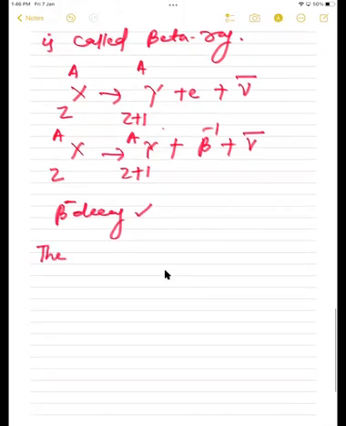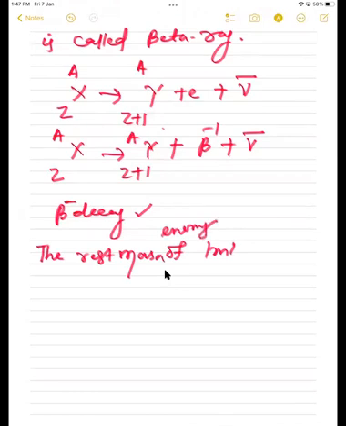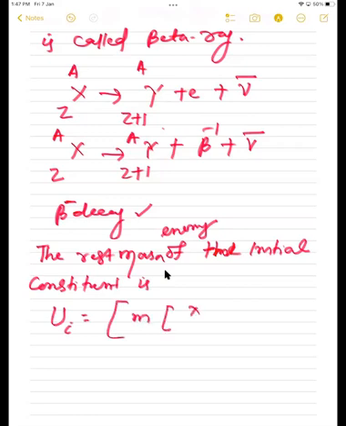Now let's find the rest mass energy, where mass energy E is equal to mc square. We have to calculate the mass energy of the initial constituent: Ui is equal to the mass of X (Z, A) minus Z times me, into c square.